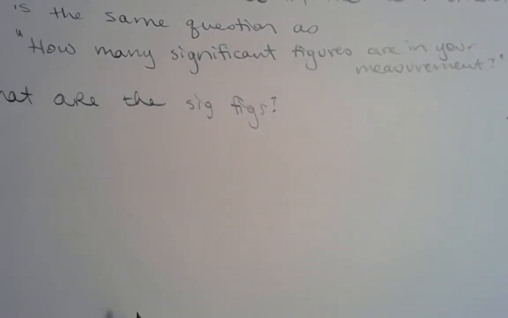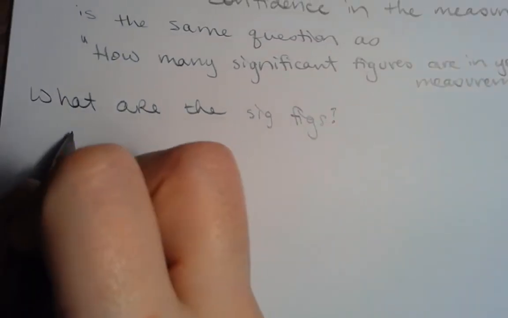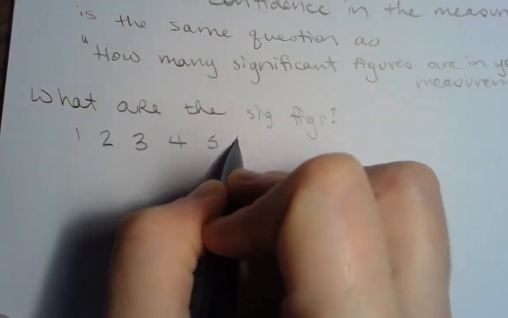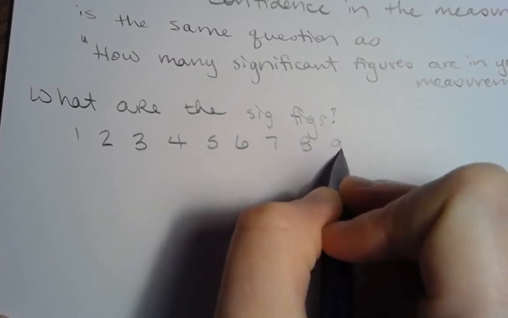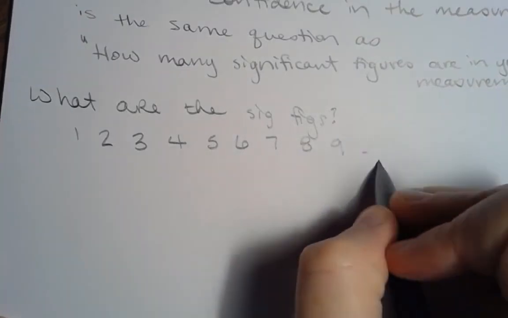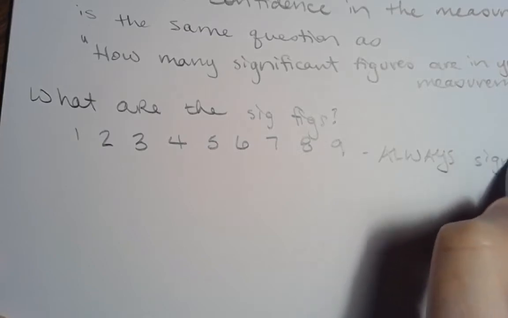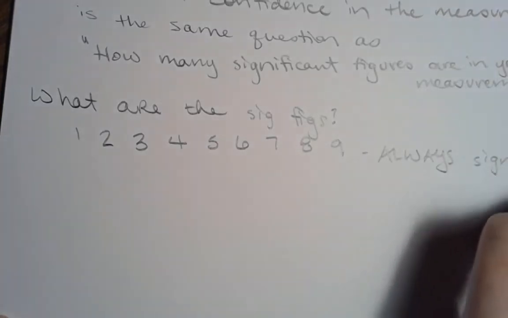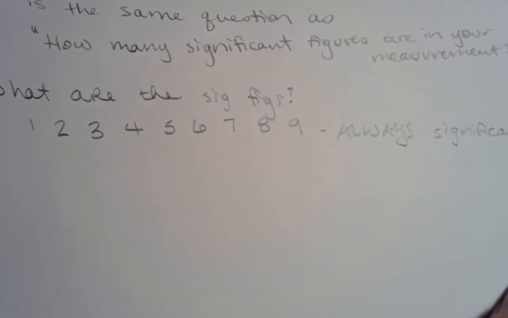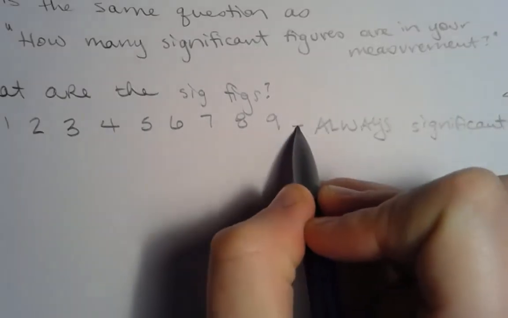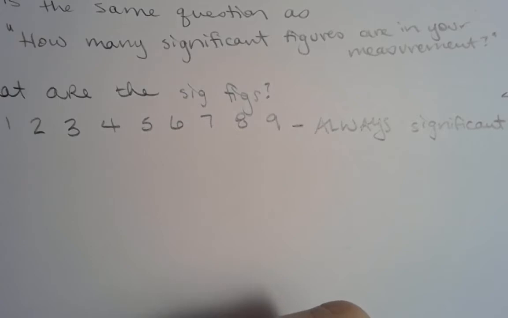Okay, off we go. These numbers are always significant. Cool. That makes sense. If we are writing down 1, 2, 3, 4, 5, 6, 7, 8, or 9, that means that our tool could see that measurement. Those numbers are always significant.